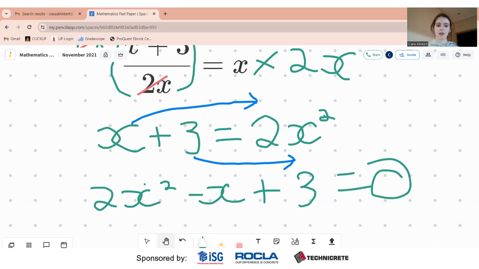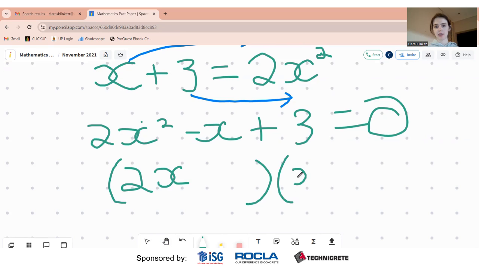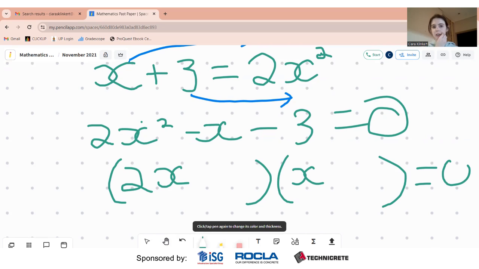Now, this expression is not factorizable, because to get 2x squared as the first term, I must have 2x in the first bracket and x as the first term in the second bracket. Oh, sorry, this is actually supposed to be -3. Excuse my mistake. Maybe it'll be factorizable now.